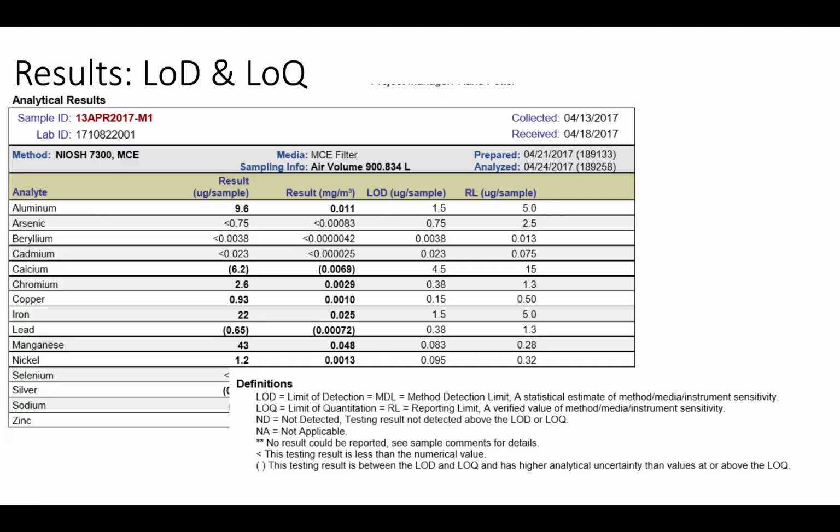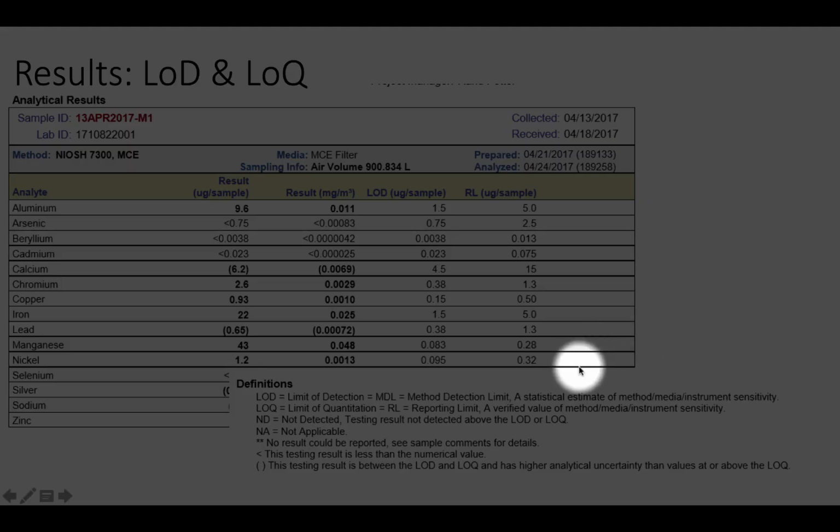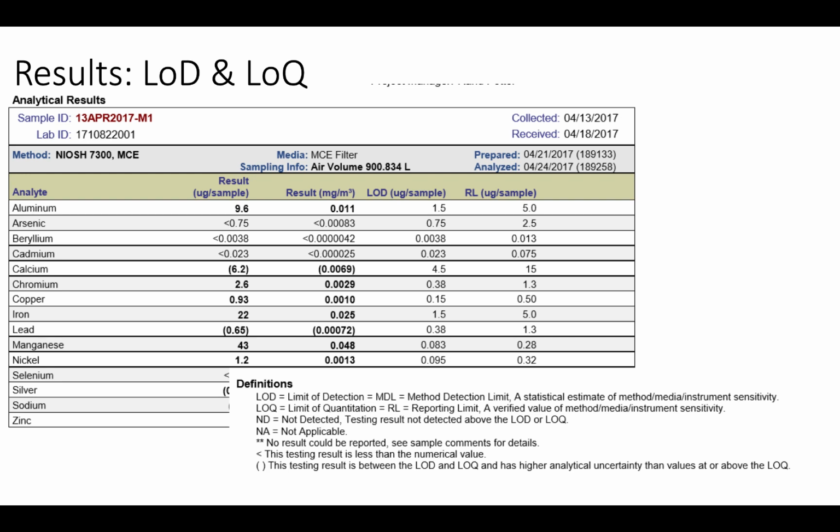I think as industrial hygienists, when we look at analytical results that we have gotten back from the lab, it makes more sense to us practically than it does through the definitions of the limit of quantification and the limit of detection. But here you can see that our lab results will give us results that are less than a numerical value, which means that we should not use these when calculating a time-weighted average.